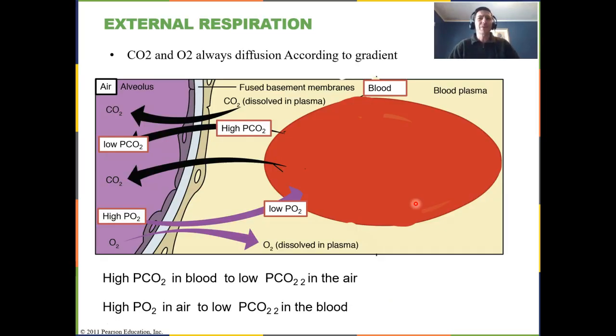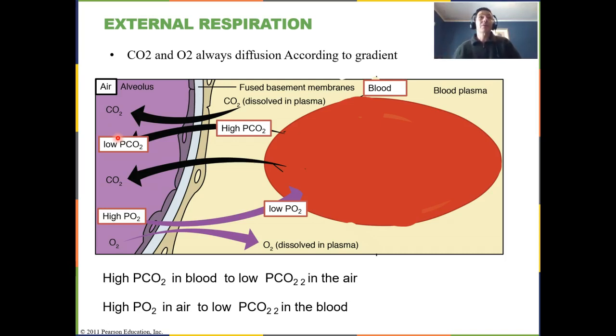Looking first at external respiration, this is the exchange of gases between your bloodstream and the air in your alveolus. If you just think about the way your body works, your cells are going to produce CO2, so you want to exhale CO2. So CO2 is always going to be moving from the bloodstream into the alveolus.